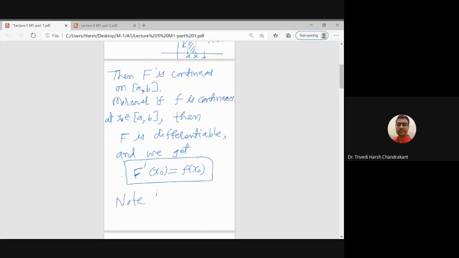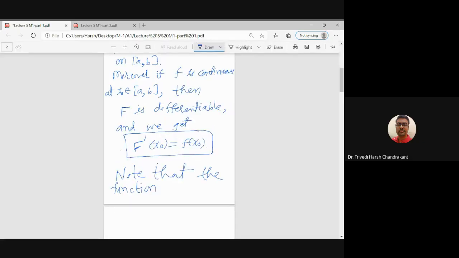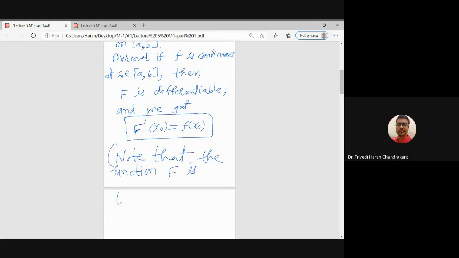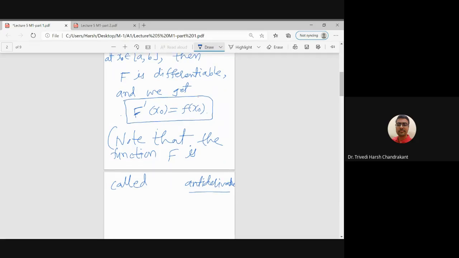Note that the function capital F here is called the antiderivative of the given function f.